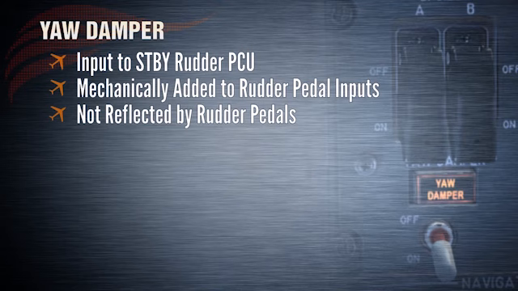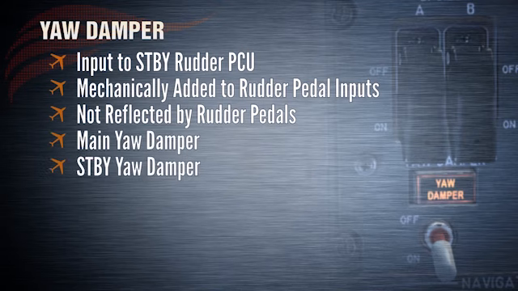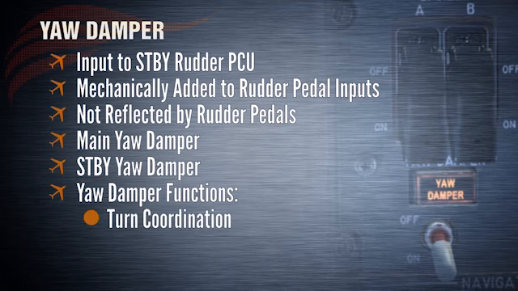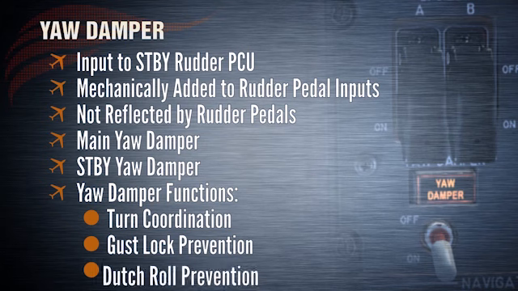The yaw damper system is made up of a main and standby yaw damper. The main yaw damper is powered by the hydraulic system B, and the standby yaw damper is powered by the standby hydraulic system. The yaw damper's system functions are turn coordination, gust lock prevention, and Dutch roll prevention.